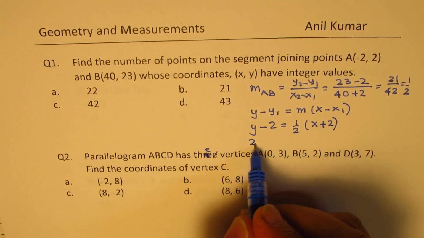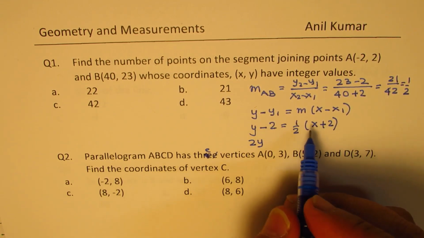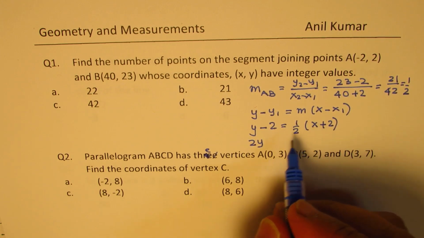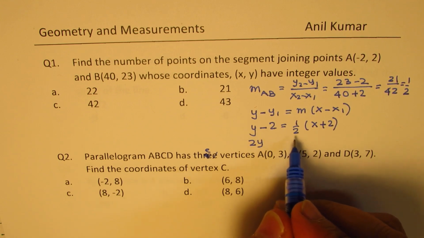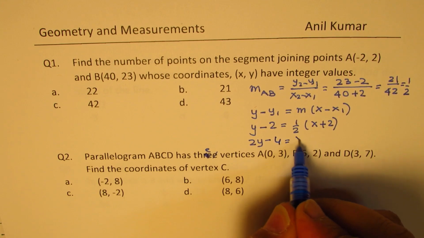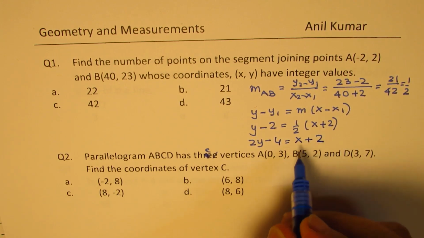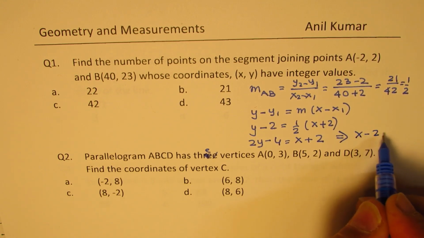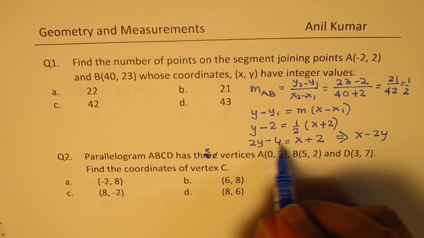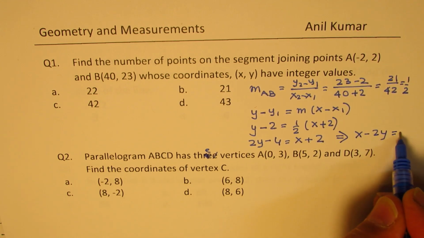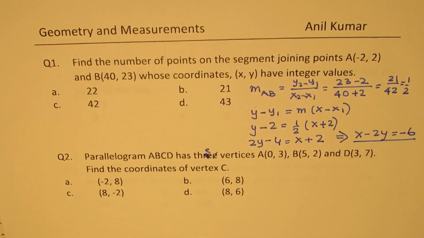So when you multiply, we get 2y minus 4 equals x plus 2, and that gives you the equation, x minus 2y, bringing 2 to this side, equals minus 6, right? So that is the equation which we have got.